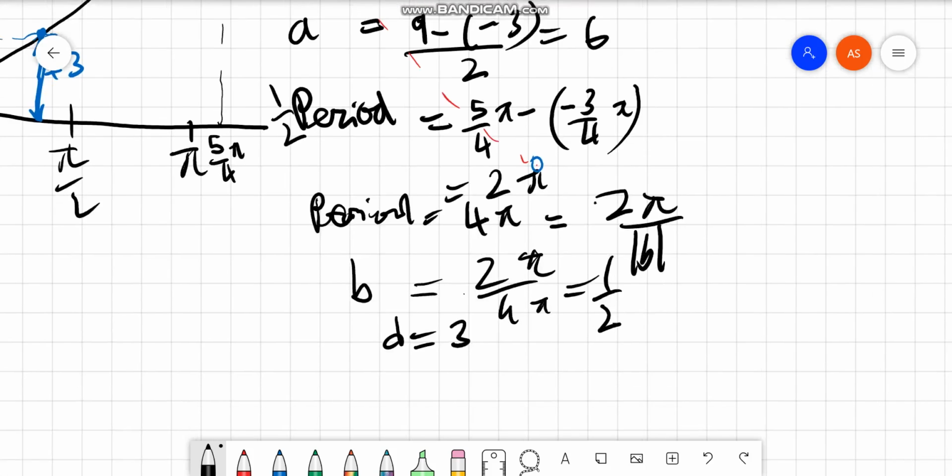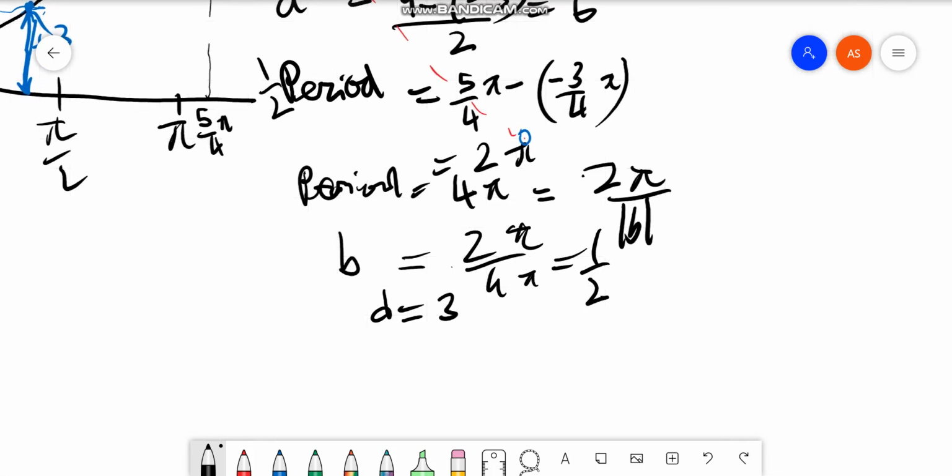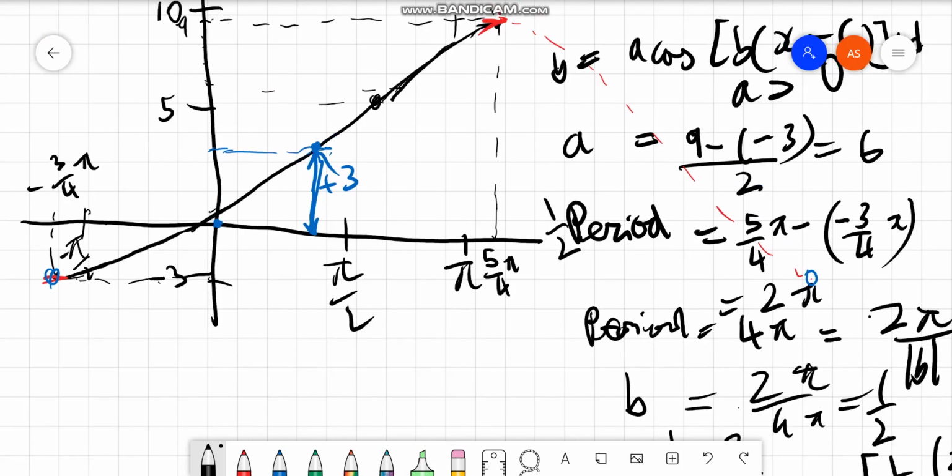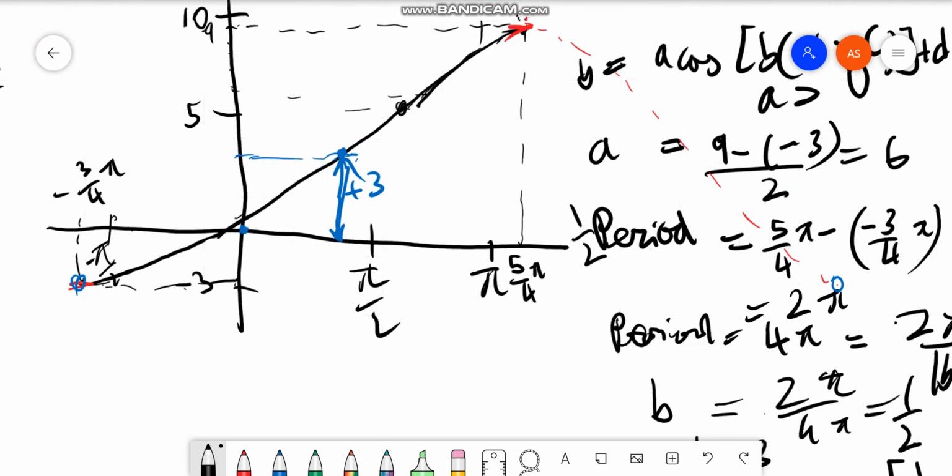Final equation is y equals 6 cos half of x minus, we also need to find, we should check how much it has moved by.